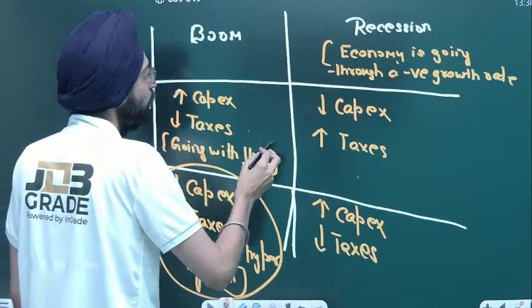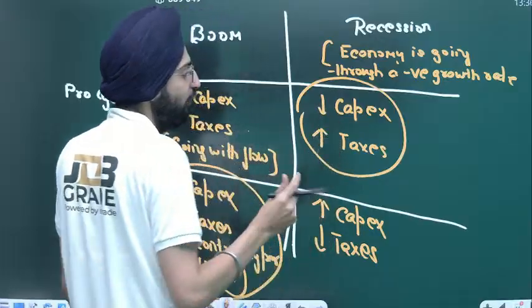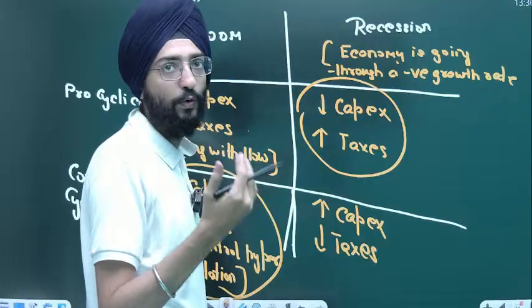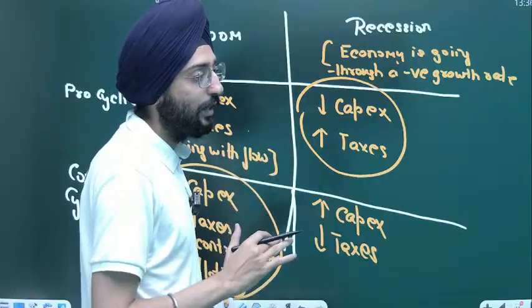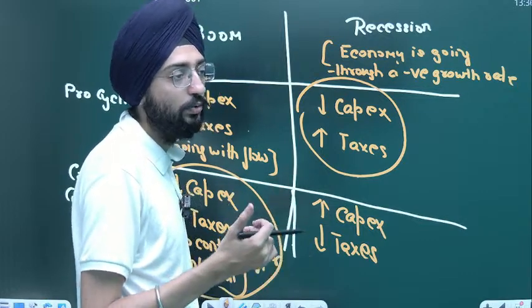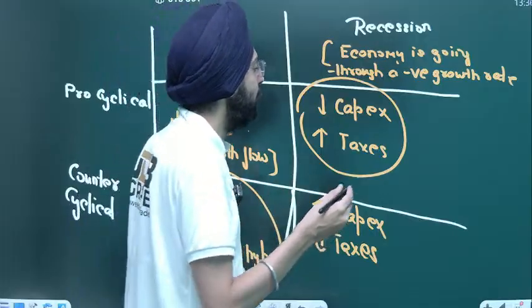It takes a pro-cyclical approach, which is non-practical. Even in the COVID time, the government didn't decrease taxes. It kept on increasing taxes through GST measures. That's the Indian government's approach.